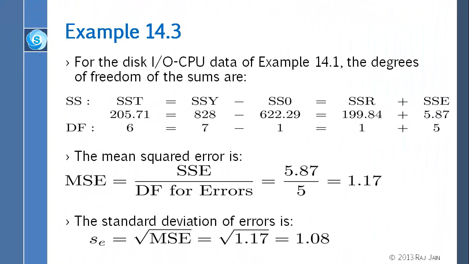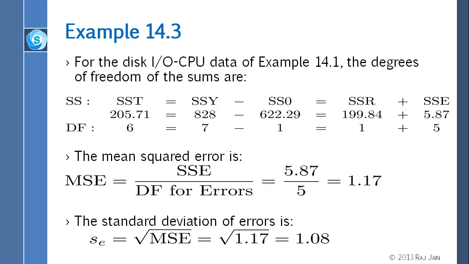Now let's put in the degrees of freedom. For the disk I/O CPU data that we had, SST was 205, calculated from SSY and SS0. That was divided into two parts, SSR and SSE.